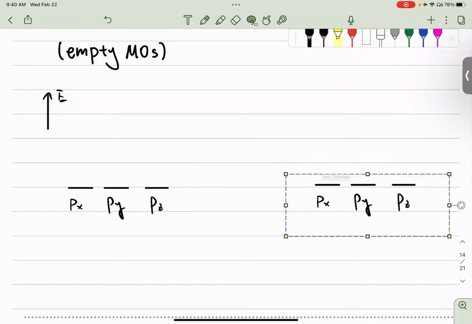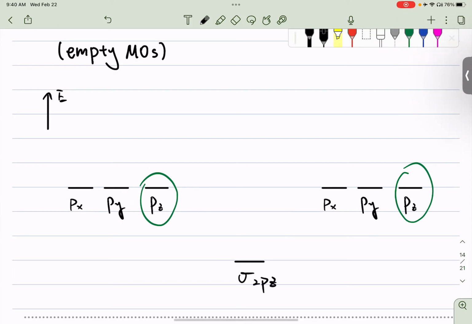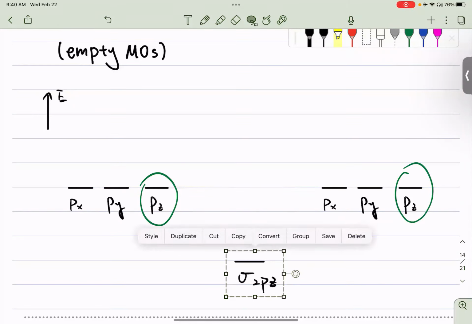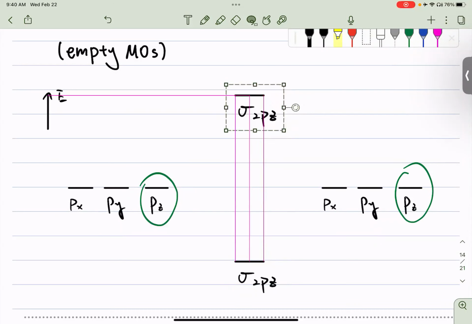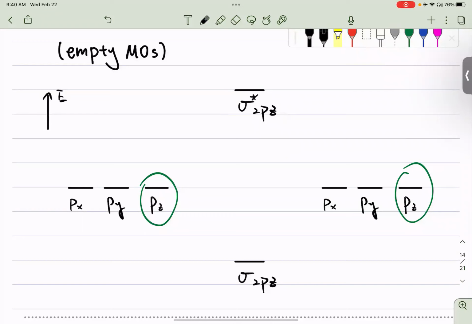And on the right-hand side, similarly, we have px, py, and pz. So look at the pz first. These two will interact to form our sigma 2pz. At the same time, it will interact to form a sigma star 2pz. And then the pi 2px and pi 2py are lined in between.